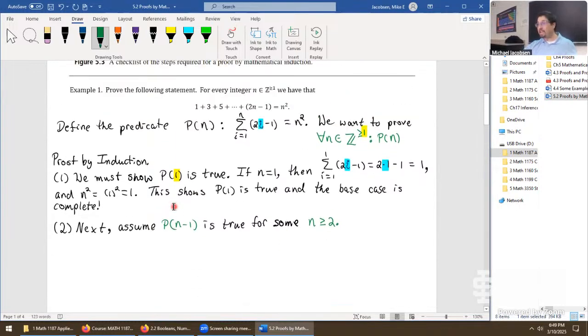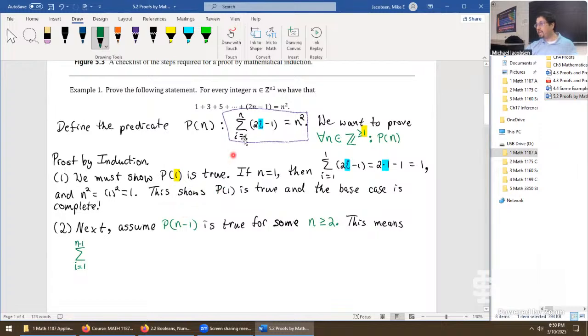If we assume that P(n-1) is true, let's say exactly what that would mean. Here's the P(n) statement right here. So keep your eyes on this box. And we can say, this means that the summation as i goes from 1, not up to n right there, it's going to n minus 1.